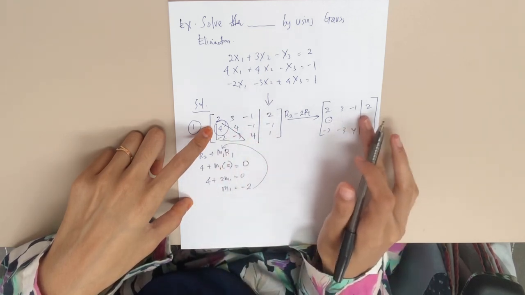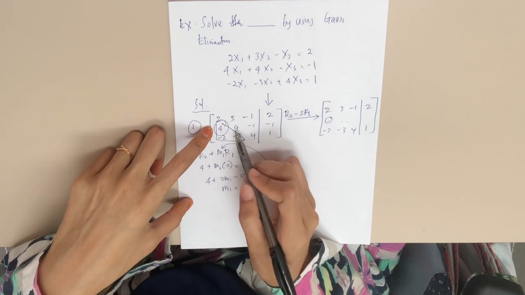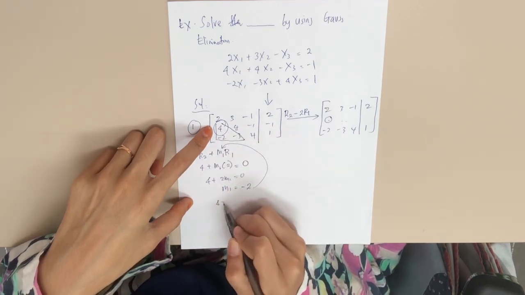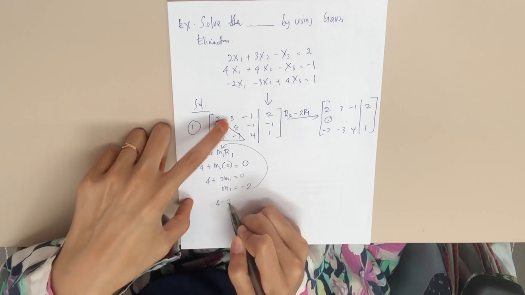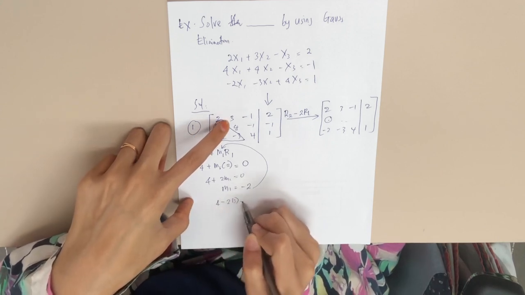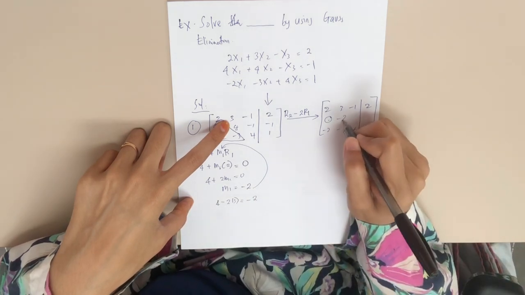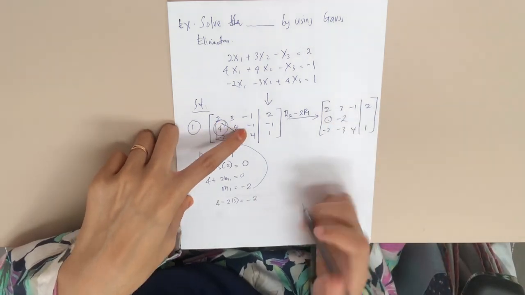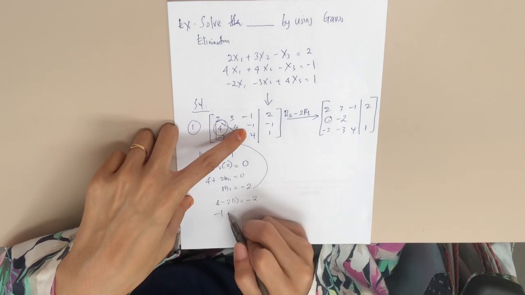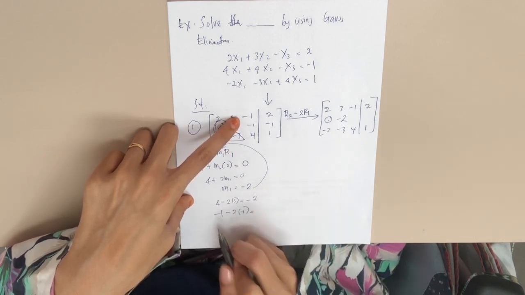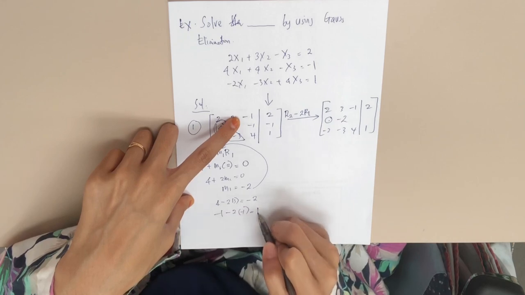you should get the new value. So we do it for the 4 first. So 4 minus 2 times R1 here, which is 3. So you should get 4 minus 6, you should get negative 2. So here is negative 2. Then negative 1, do the same thing: negative 1 minus 2 times negative 1. So you should get negative 1 plus 2, you get 1.